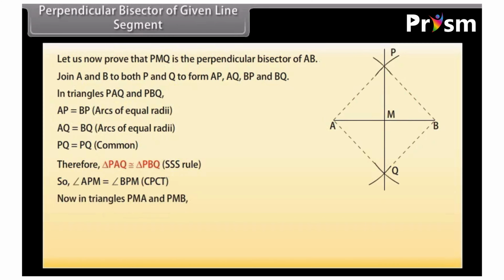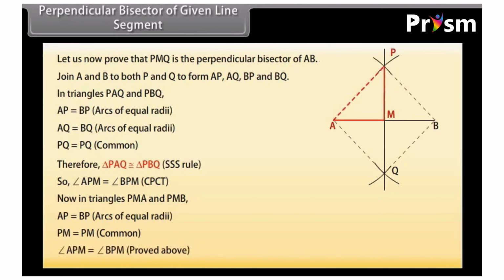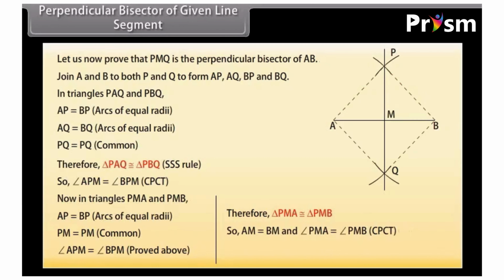Now in triangles PMA and PMB, AP is equal to BP, arcs of equal radii, PM is equal to PM, common. Angle APM is equal to angle BPM as it is proved above. Therefore, by SAS congruence rule, triangle PMA is congruent to triangle PMB. So, AM is equal to BM and angle PMA is equal to angle PMB by CPCT.